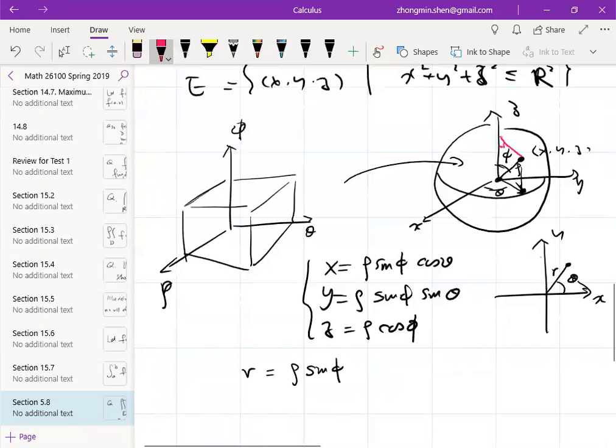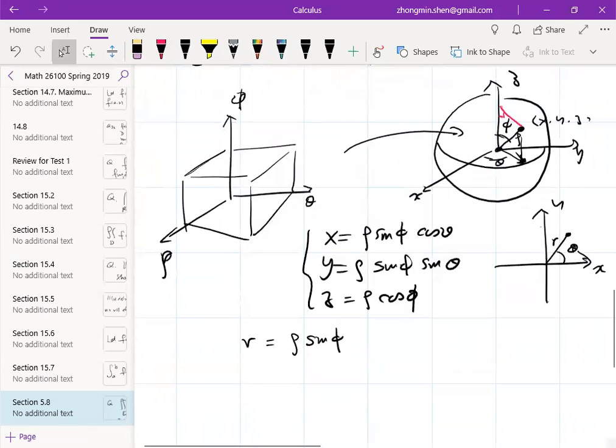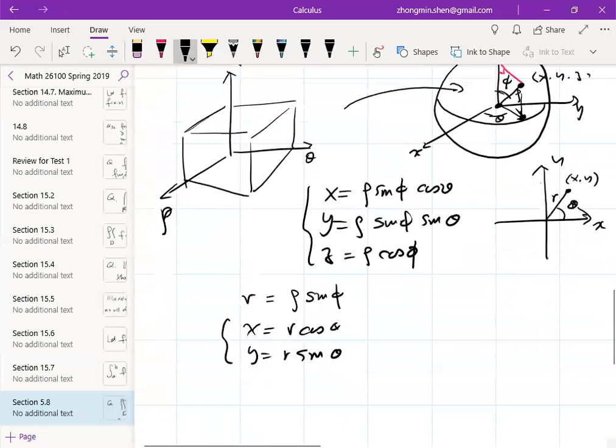So this is r, the length between the origin and the projection of the point x, y, z in the xy plane. This is going to be x, and y, no z here. So x is r cosine theta, and y equals r sine theta. If you replace r by rho sine phi, then you can solve the problem.